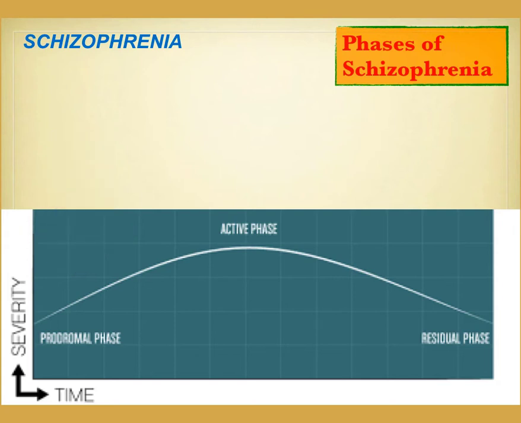This is the period of deterioration. Things start to diminish, start to deteriorate, but the major, more acute or active phase hasn't been achieved. An acute episode involves the emergence of clear psychotic features. And then the residual phase is characterized by a level of functioning that is typical of the prodromal phase.